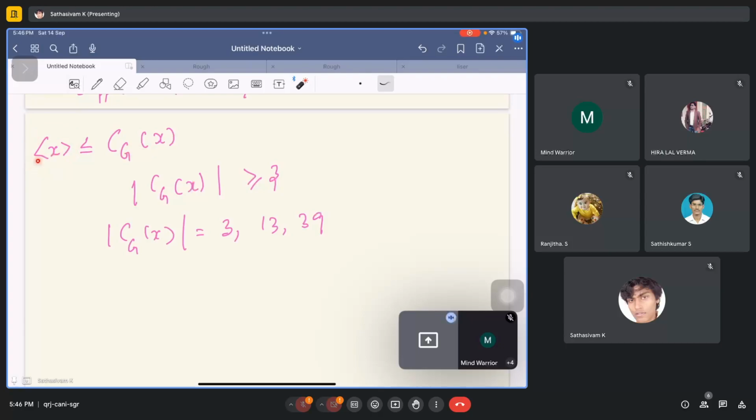Also here you observe that using the Lagrange theorem, 3 divides the cardinality of the centralizer of X, right? So the possibility is either 3 or 39. It cannot be 13 because 3 does not divide 13. So this is not possible.